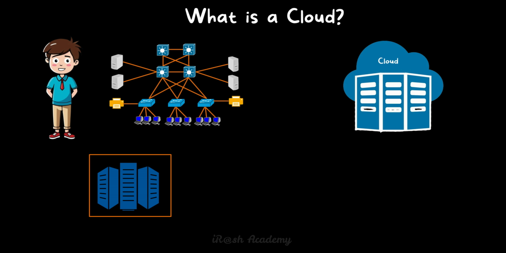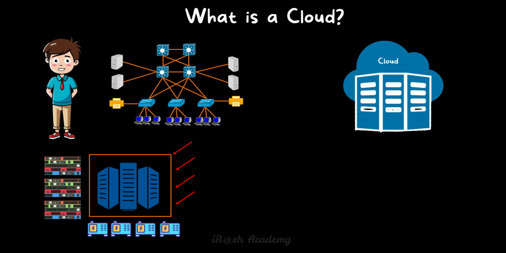The data center has multiple power generators which can provide electricity to the data center services all the time. It also has multiple redundant connectivity links to keep the services up and running. Even if one link is down, the connectivity can still happen through the other link. It also has multiple power distribution units from different power sources.